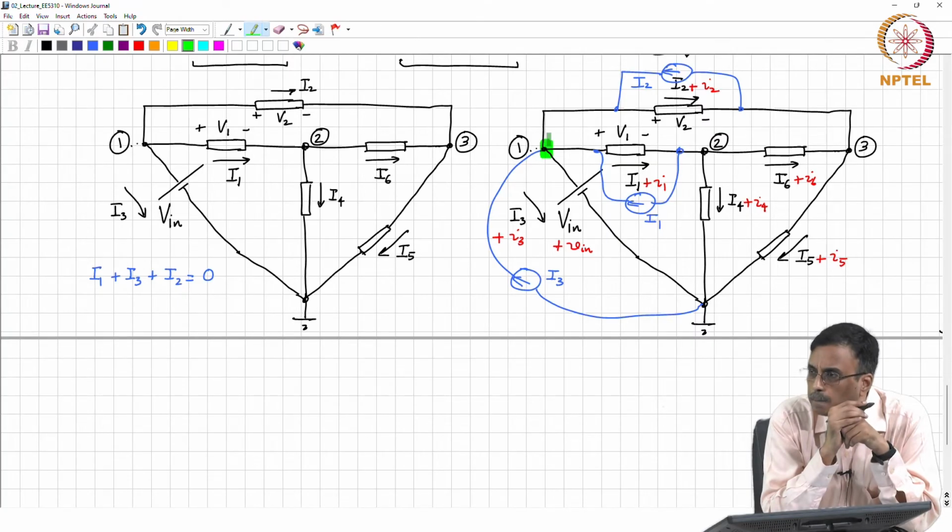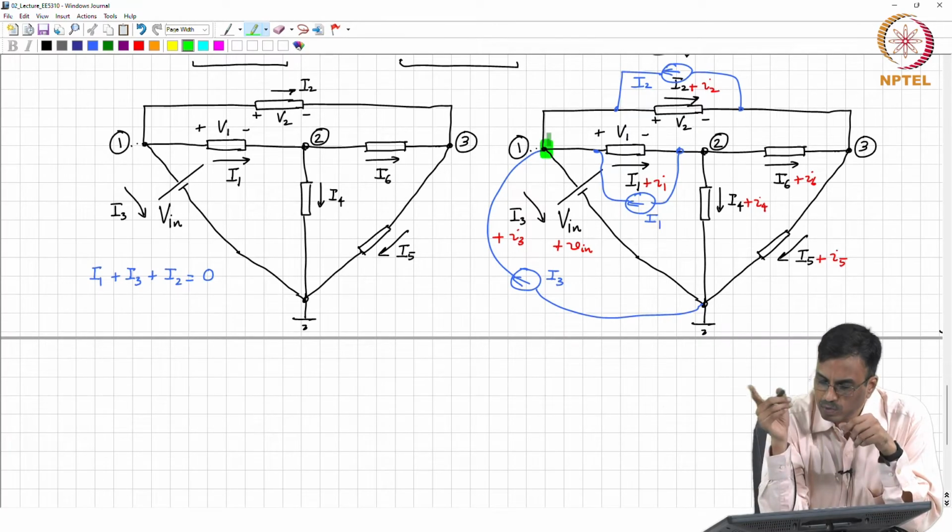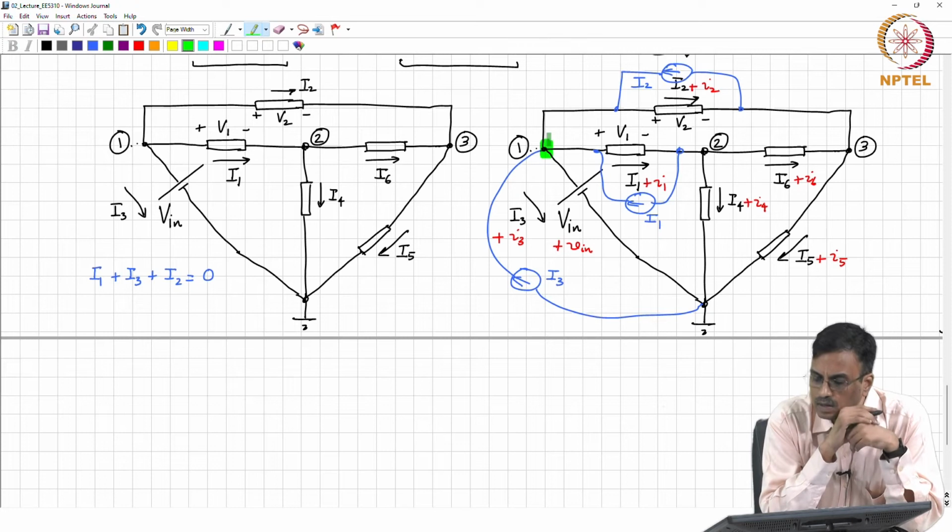Why? Okay, well, there must be only three answers: either the voltage will reduce, or the voltage will increase, or the voltage will remain the same. Remain the same, why? Why do you say the voltage will increase? No, what is the net current being pushed into node 1?